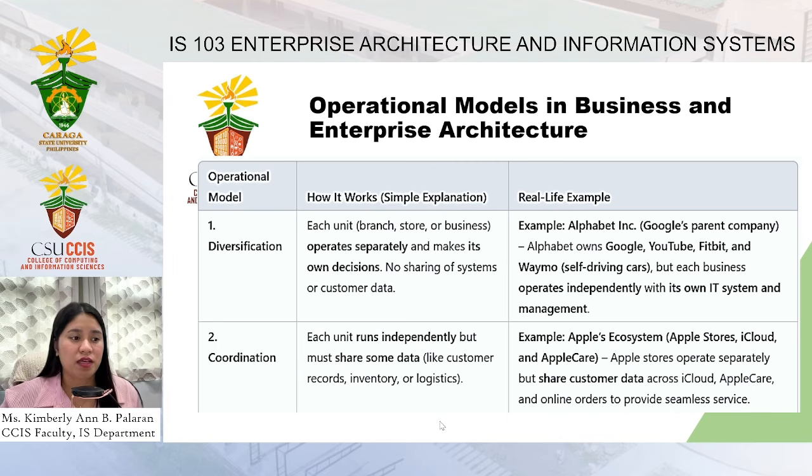The second one is coordination. Coordination, di ba si diversification, no sharing of data man. Kang coordination, each unit still runs independently but must share some data. Not all data but some data. Like customer records, accounts or inventory, and so on. Example of this one is Apple's ecosystem. So, sa Apple, we have this iCloud account.